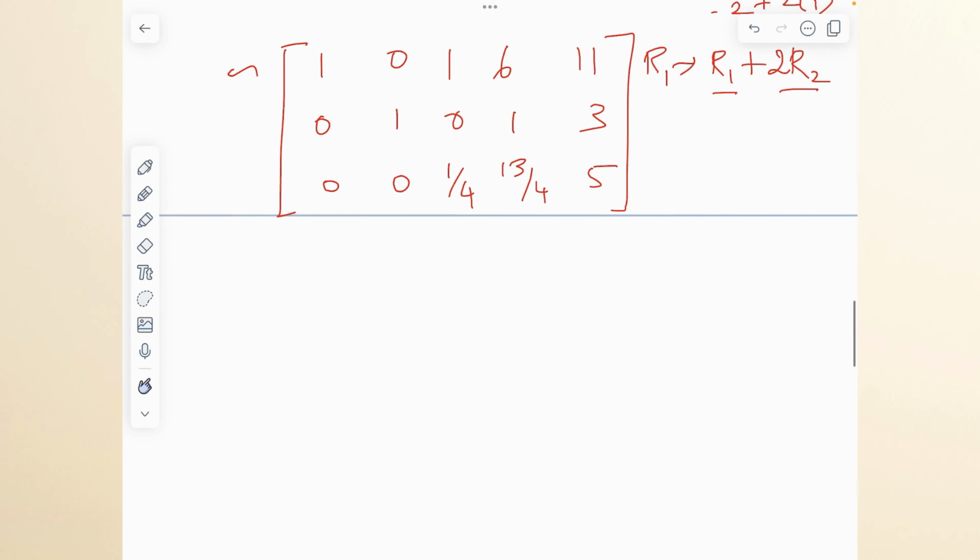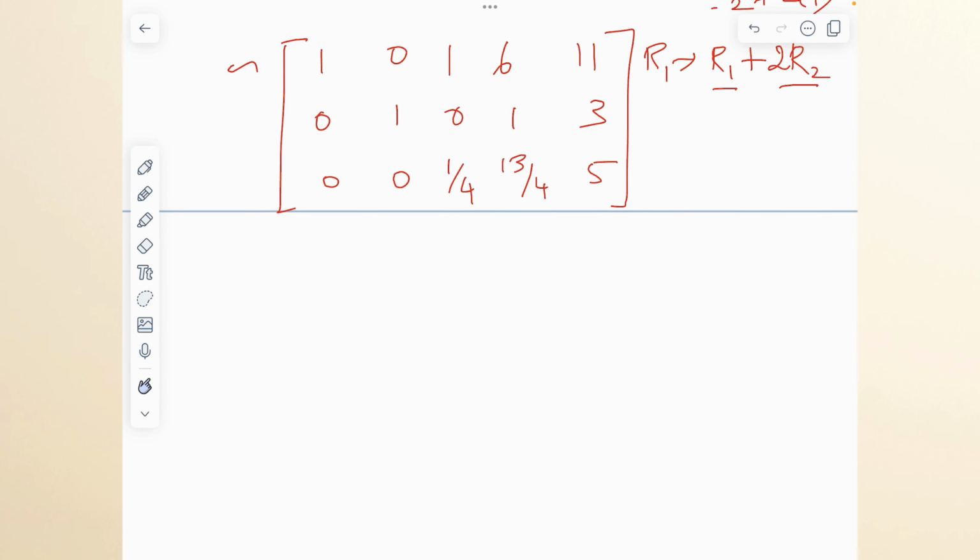Now we are going to convert the first row into the form of zeros. This R3 row, you just multiply by 4.